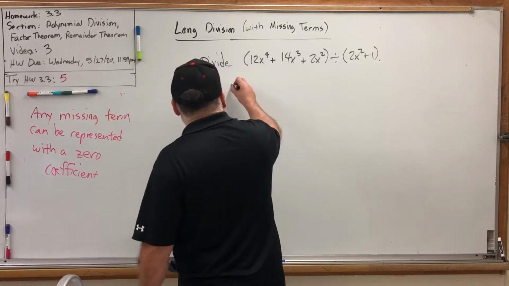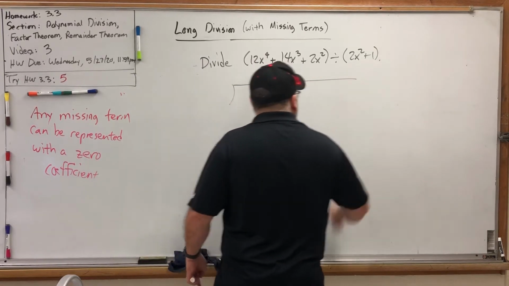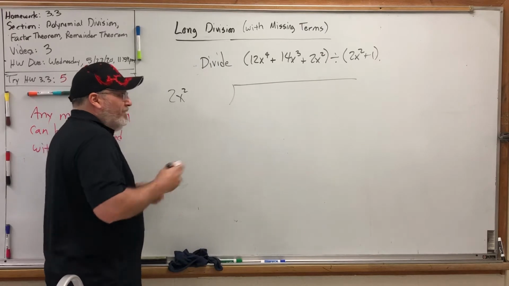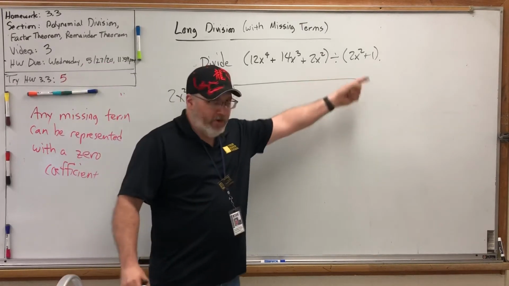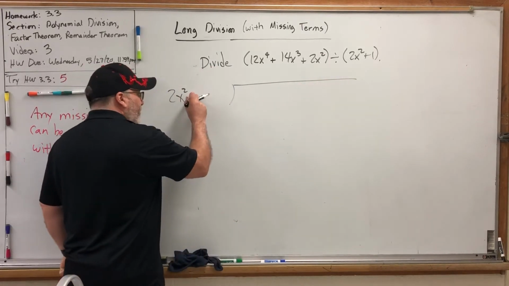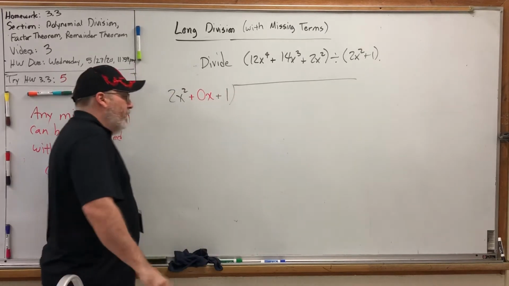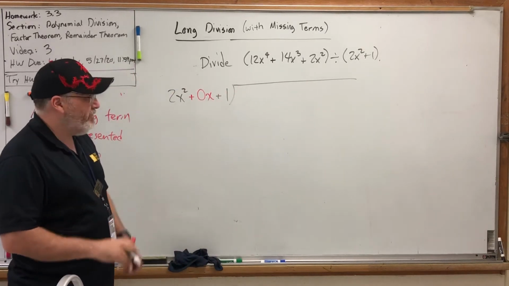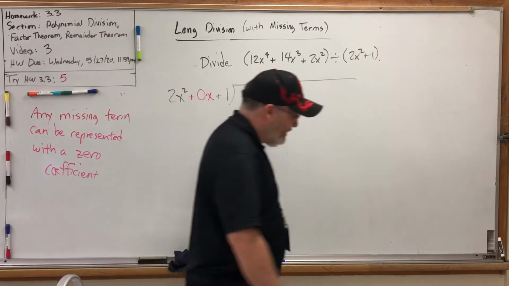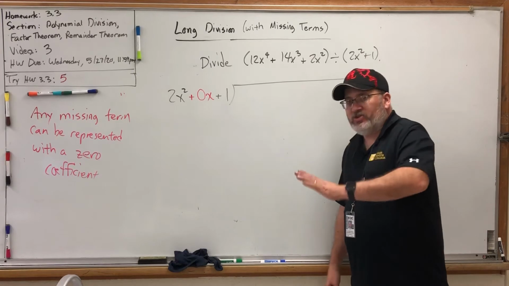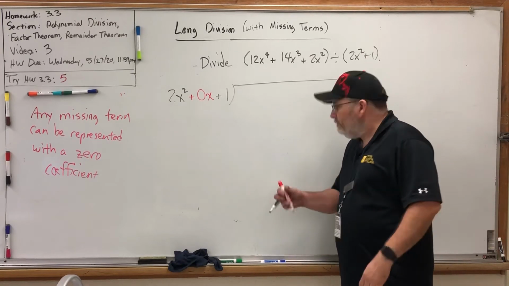So if I were to set this one up, let me start with the divisor. 2x squared, I'm expecting to see the x term, it's not there, so I can represent it with a plus 0x and then the plus 1. And I can do the same thing with the dividend, which doesn't look like it's missing any terms, but the powers have to go all the way down from the largest down to no x's at all.